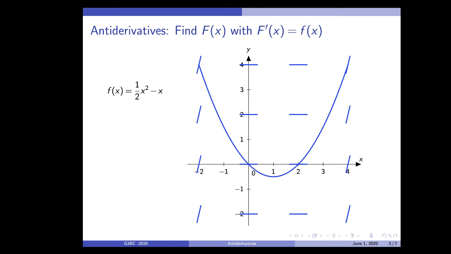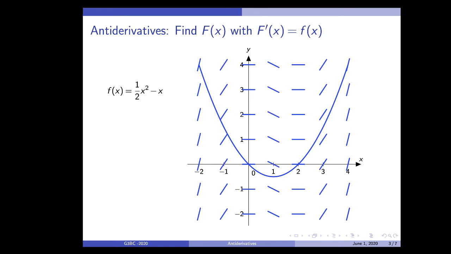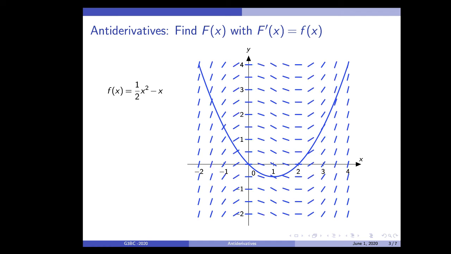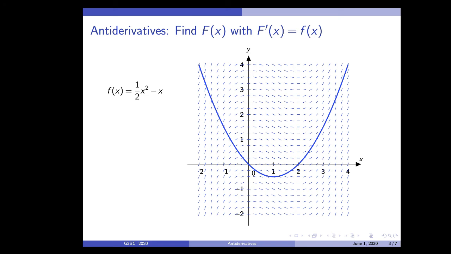So why do we draw the horizontal dashes on top of each other? Well, let's get busy and draw some more of them. We know that capital F must have a horizontal tangent line at x equals 2. What we do not know is its y value. It could be anywhere on this parallel to the y-axis. If you draw lots of these directions, you get an idea how the shape of this antiderivative must look like, but how do we get it?